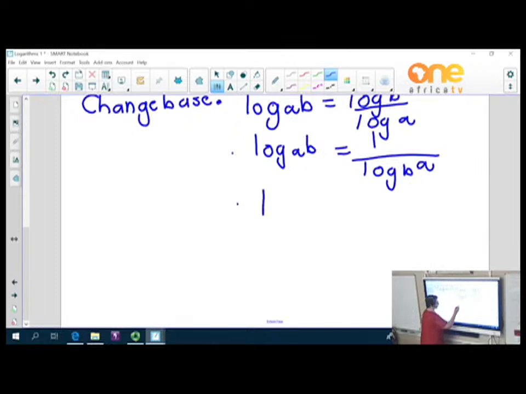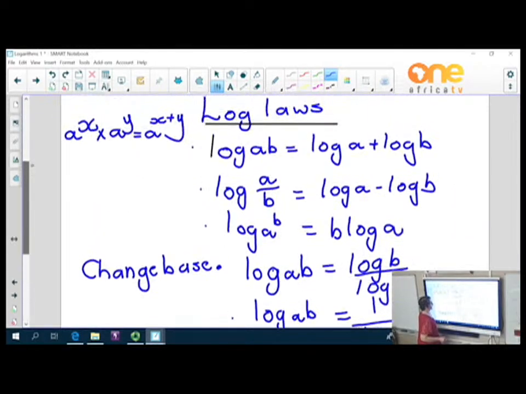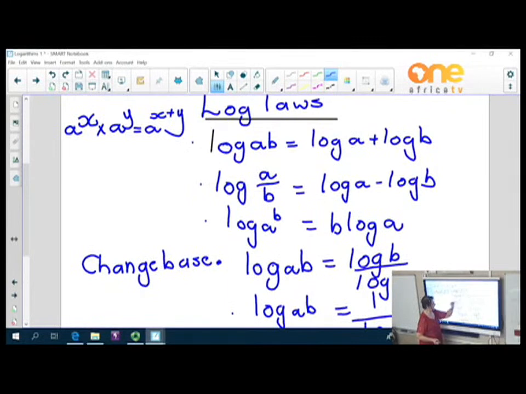And then the last one is when I have log base 1 over a of b, still changing the base, then it is negative log base a of b. So that's the 3 new ones. Let's just look at them again. If I multiply, I add. If I divide, I subtract. Bring down the little power.